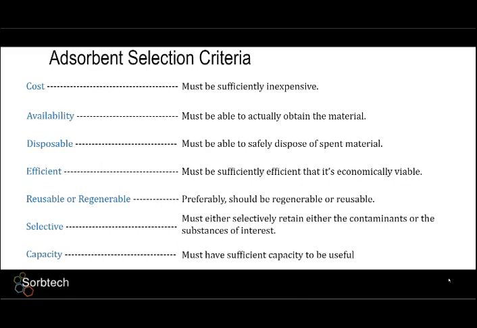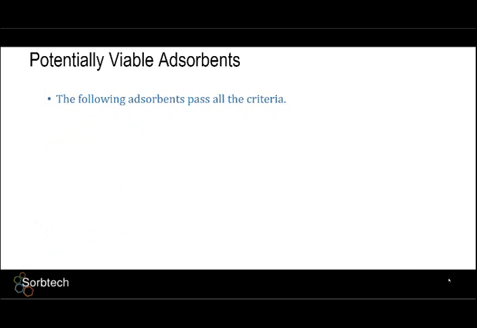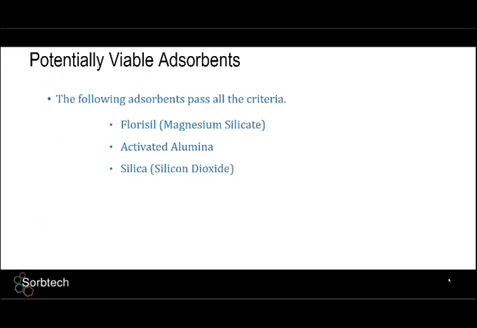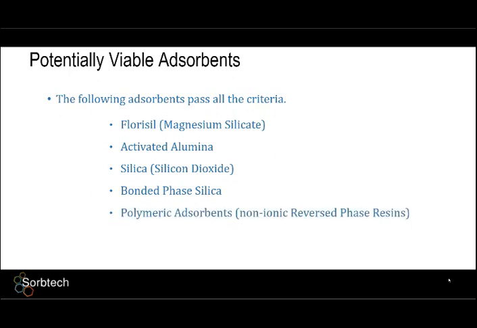So, if we apply those criteria to all those adsorbents, the adsorbents that pass all the tests, that go through the funnel, are Florisil, activated alumina, silica, bonded phase silica, and polymeric adsorbents. All the other potential adsorbents fail one or more criteria.